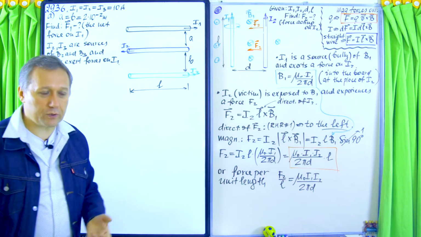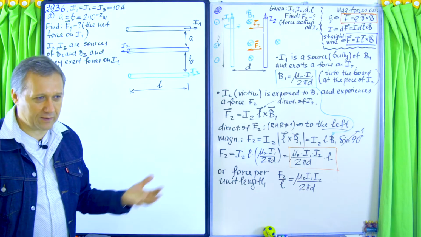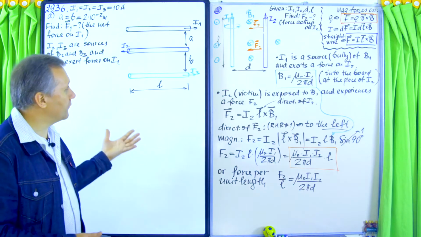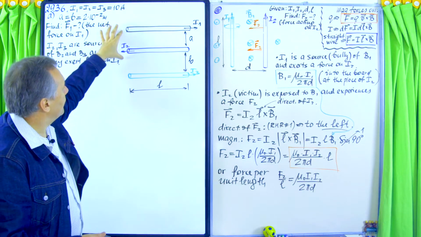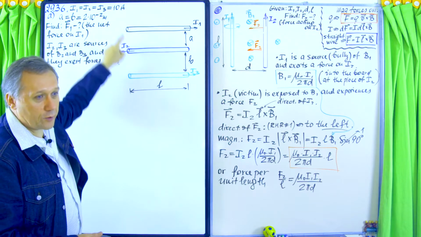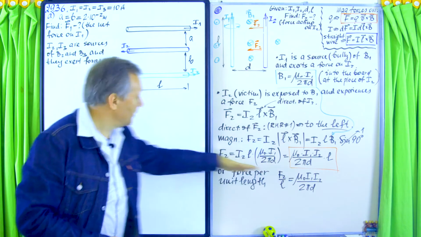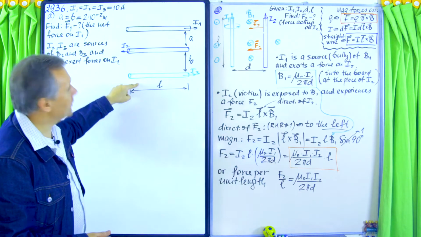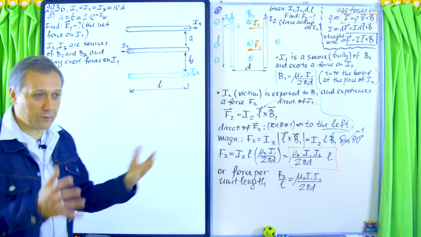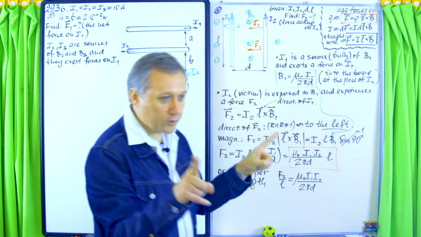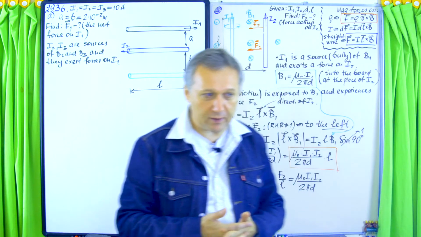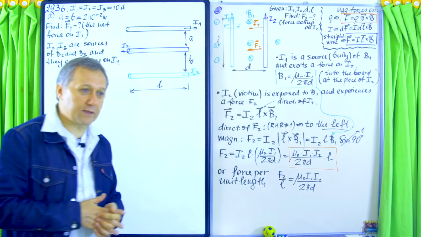Although, of course, both approaches are going to give you exactly the same result at the end, right? Of course, you can find first separately the force that I2 exerts on I1. It will be very similar to this. Then the force which I3 exerts on I1. And then, of course, you'll have two vectors, two forces. You just need to add them as vectors. But I decided to make a slightly different approach.